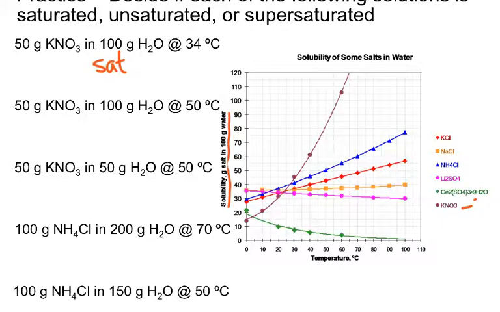50 grams of potassium nitrate and 100 grams of water at 50 degrees Celsius. So there's my 50. We're way over here, again looking at this line, so we're going to be unsaturated at that point. 50 grams of, again, potassium nitrate in 50 grams of water, which means if we convert it to 100 grams of water, that's going to be 100 grams in 100 grams, which we have to do because our axis here is defined as the 100 grams.